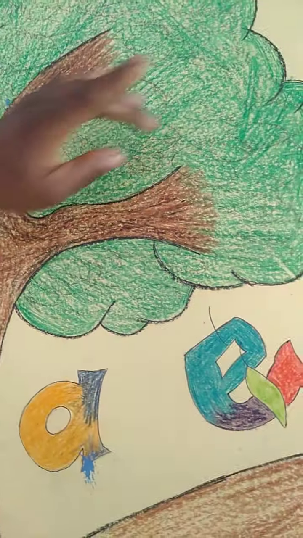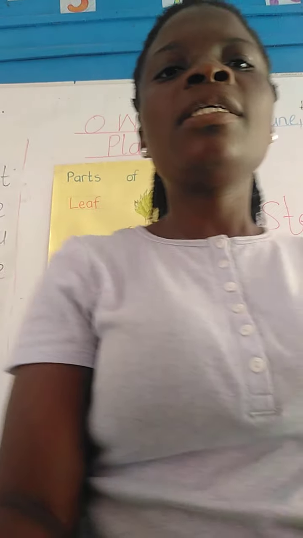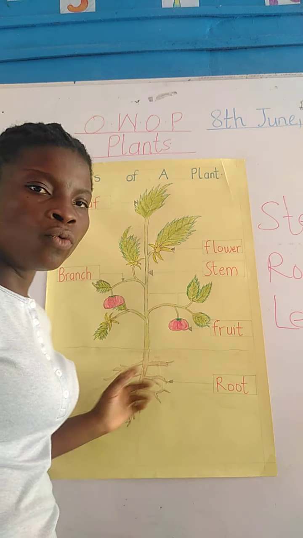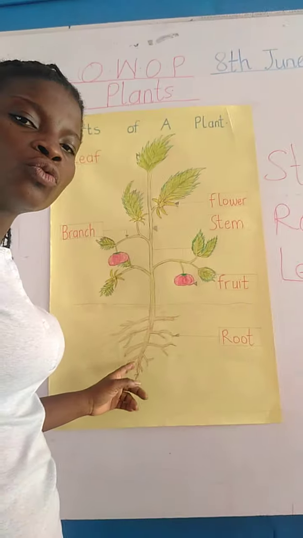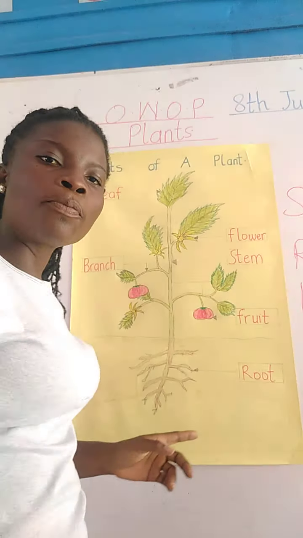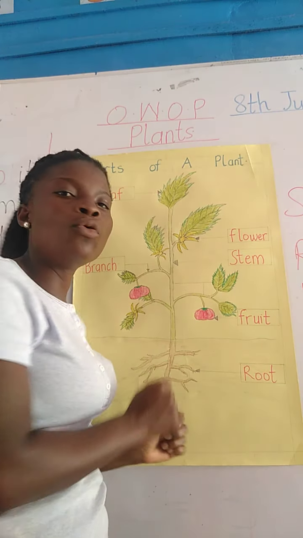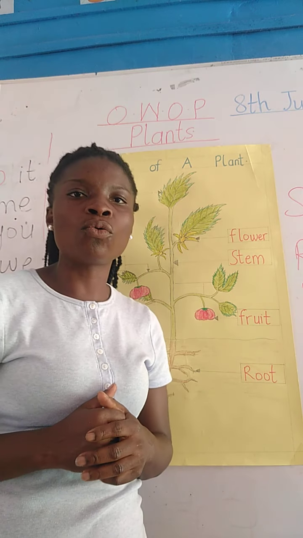The green part is the leaf, and the brown part is the stem. Now, the root is under the ground where we cannot see unless we dig before we can see. So when we talk about trees, that is what we mean. The root, when we went out, we couldn't see it. But tomorrow I promise to bring a plant where we'll be seeing the roots.